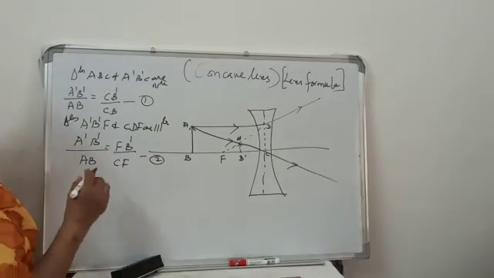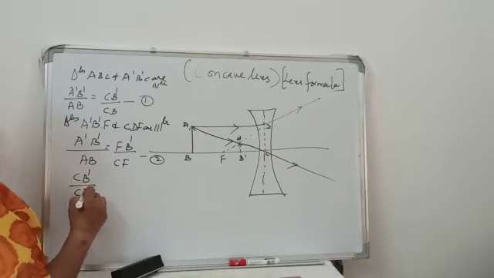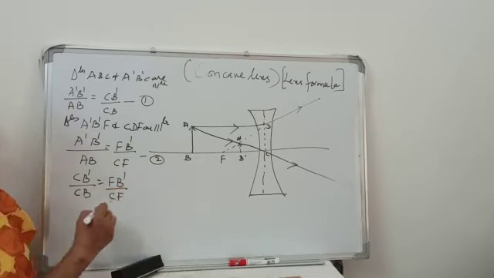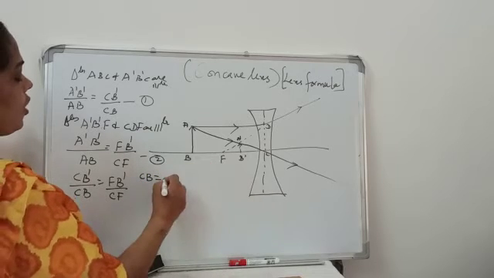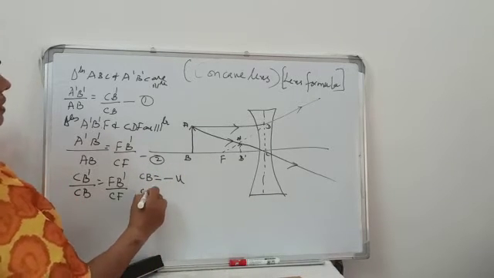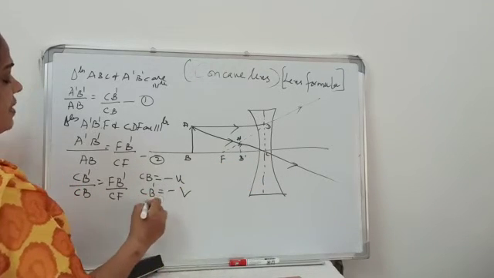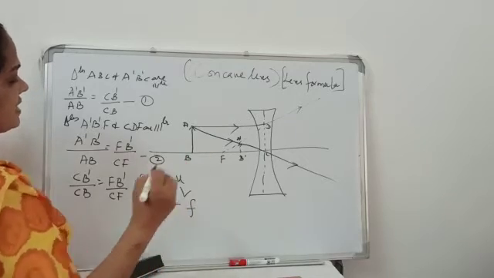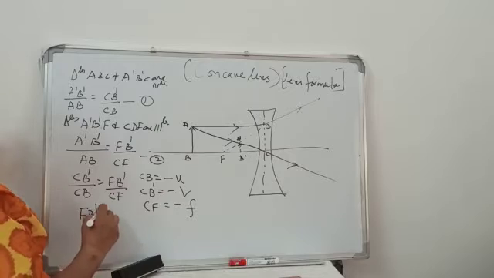Now, the right hand side of the two equations, when you equate, CB dash by CB equal to FB dash by CF. When you apply the sign conventions, CB is the object distance, minus U, CB dash is the image distance, minus V, and CF is the focal length which is negative, that is minus F. Also, let us substitute for FB dash.